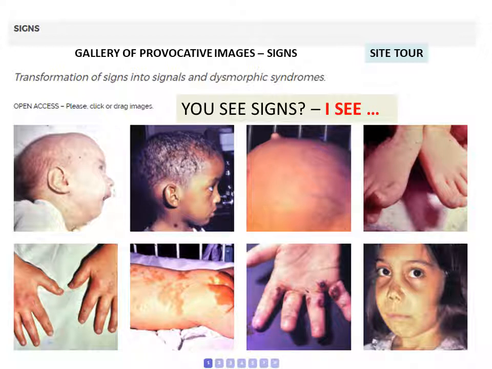So in essence, Clinical Eye Openers presents provocative images, poses the question to you, do you see? What do you see? Because I see certain things here and here and here and here, but I don't know if you see them.